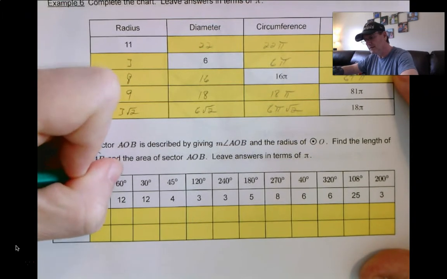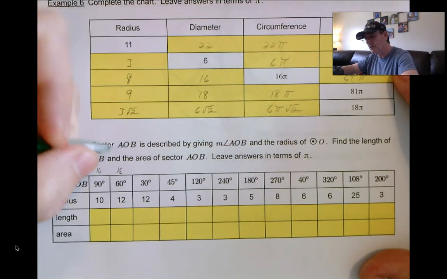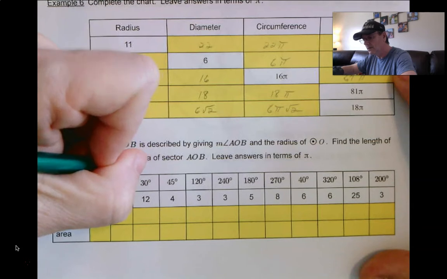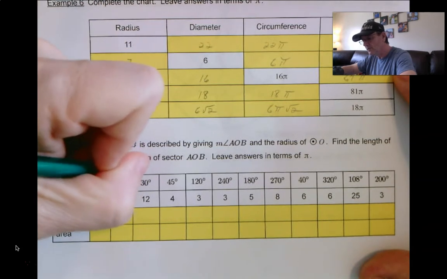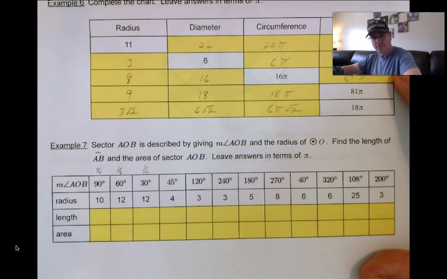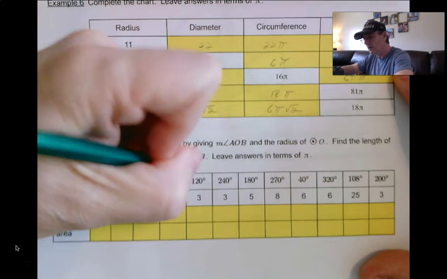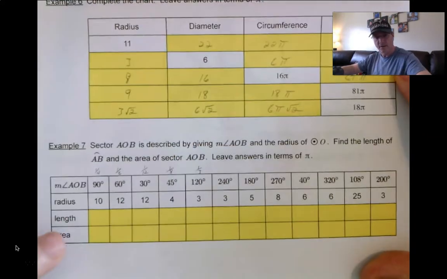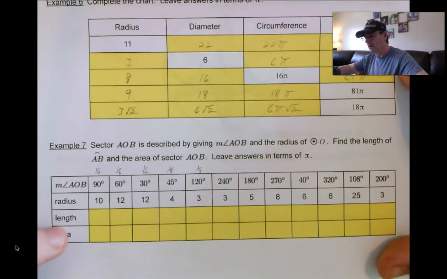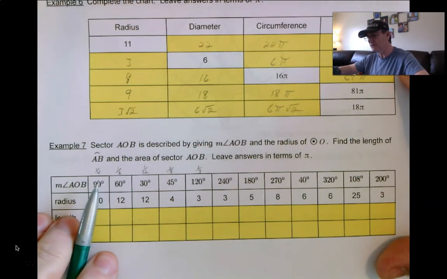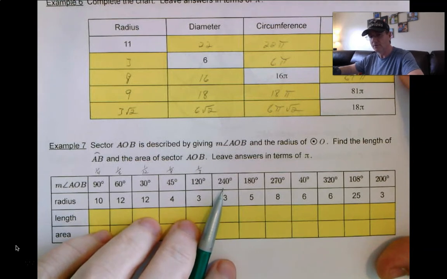This is 1/6 of the circle. 360, this is 1/12 of the circle. 1/8 of the circle. 1/3 of the circle. 240 doesn't reduce down quite as nice as this, but it's not bad. 240 over 360 is 24 over 36.